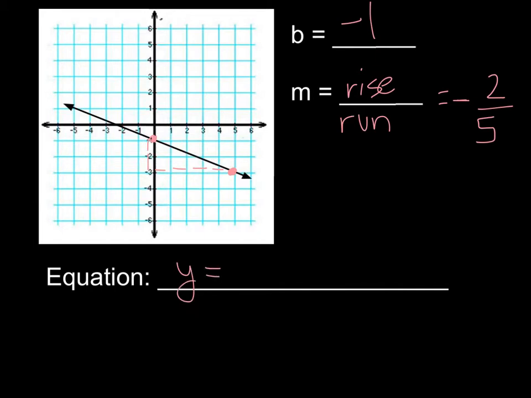Now I can take those numbers and substitute them into my slope-intercept form. I know what my slope is. It's -2/5. So -2/5 x plus whatever b is, which is -1.